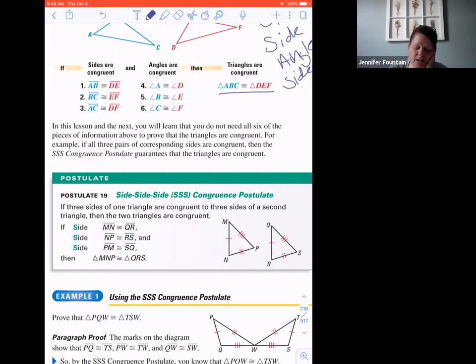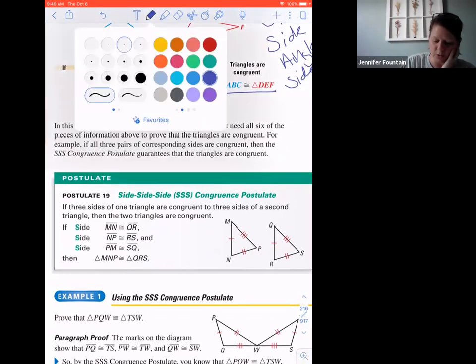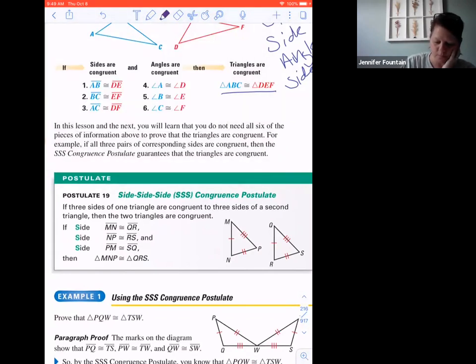So it says you will learn that you do not need all 6 pieces of information to prove that triangles are congruent. For example, if all 3 pairs of corresponding sides are congruent, then the SSS congruence postulate guarantees that the triangles are congruent.